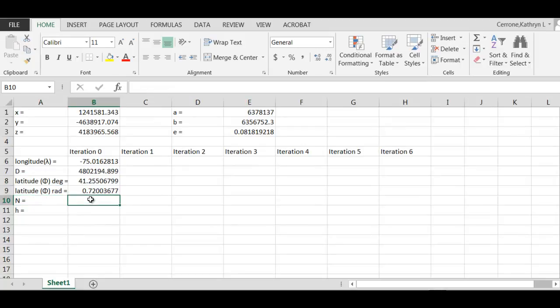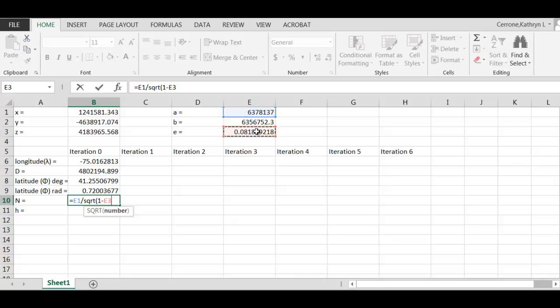So now when we go through and calculate n, again, our formula here is equal to a, so we'll grab that, divided by the square root of 1 minus our e squared times, and we'll do parentheses here because sine is going to have to be squared as well, sine of, and then we grab our latitude here, close that.